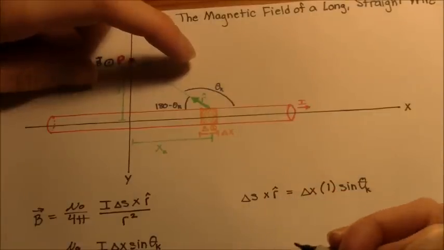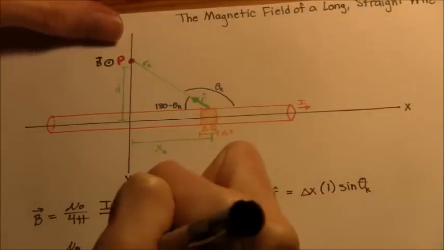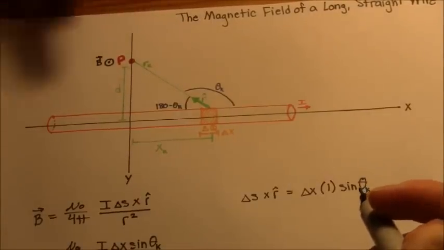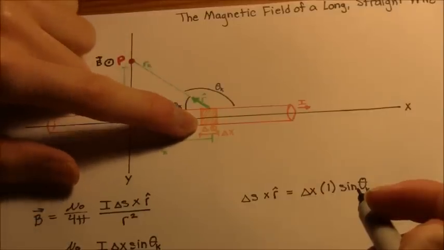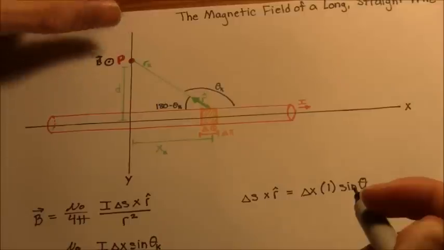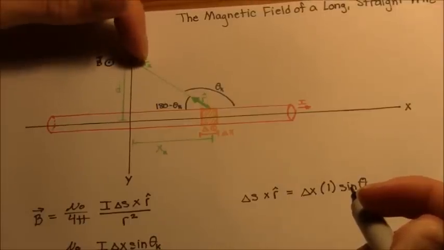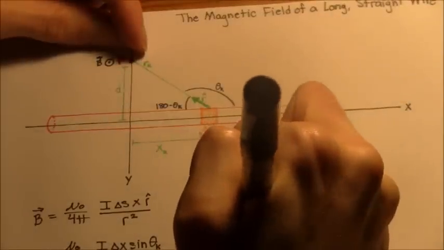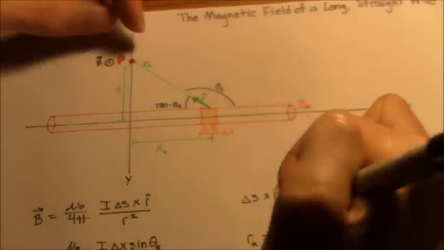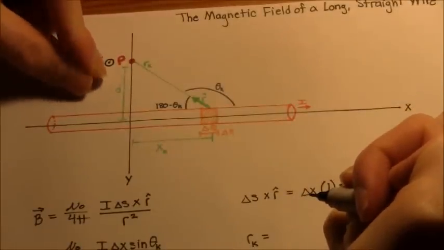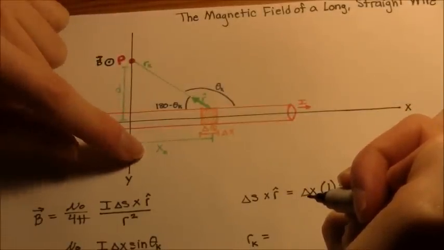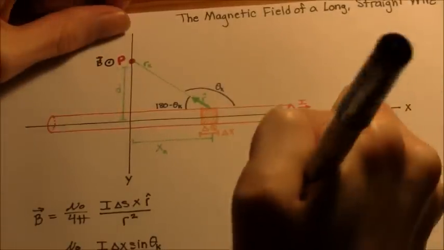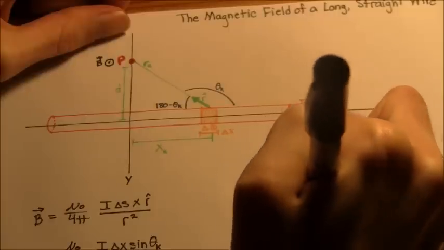Now we can solve for our r squared. The radius, or the distance from our small amount of charge to our point, I label as rk. And this is equal to the square root of d squared plus xk squared, according to the Pythagorean theorem.